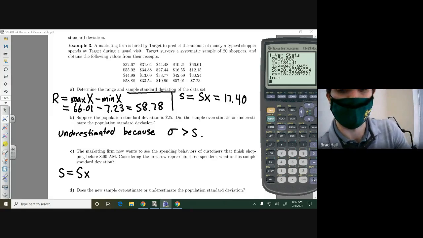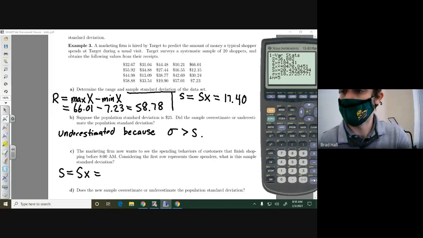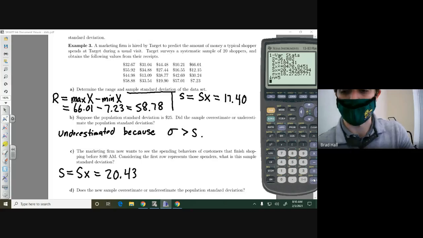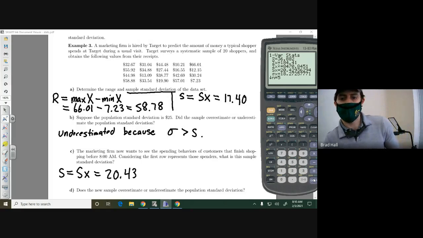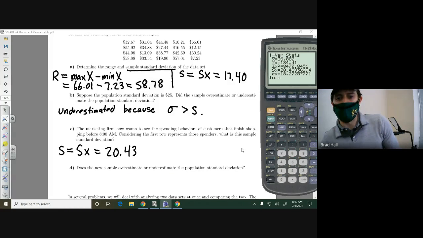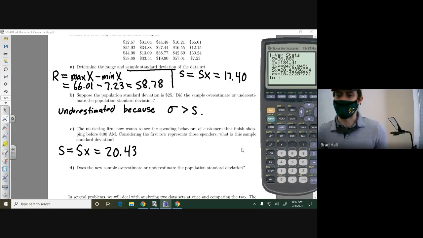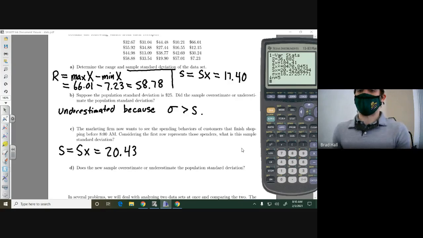There is a reason why they put the X that I'll get into later. But that's $20.43. And then part D simply asks, does this overestimate or underestimate? Again, it's going to underestimate because it's smaller than the population standard deviation.